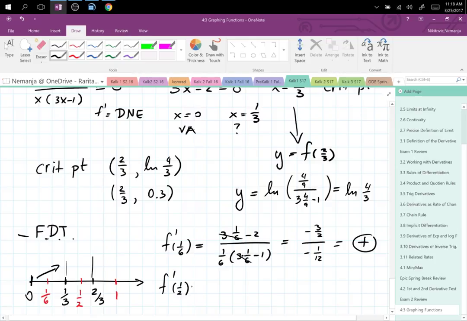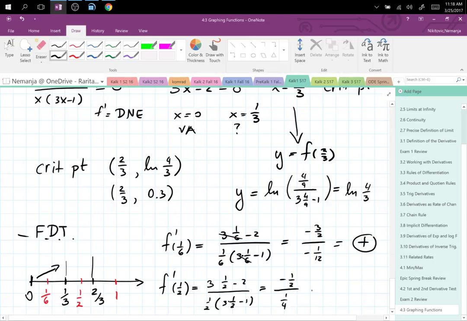Now we plug in 1/2. So we have 3 times 1/2 minus 2, divided by 1/2 times (3 times 1/2 minus 1). The numerator is 3/2 minus 2, so this is -1/2. And then 3/2 minus 1 is 1/2, times 1/2 is 1/4.